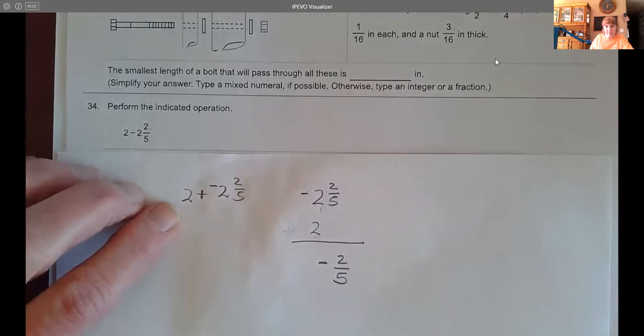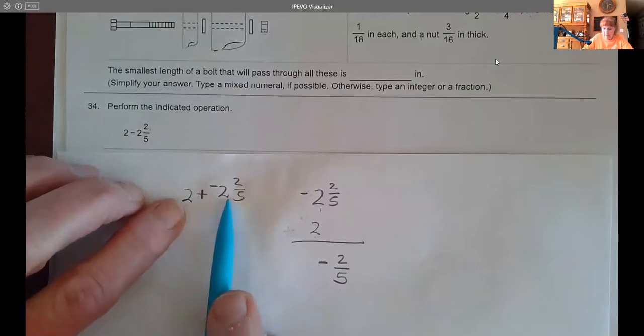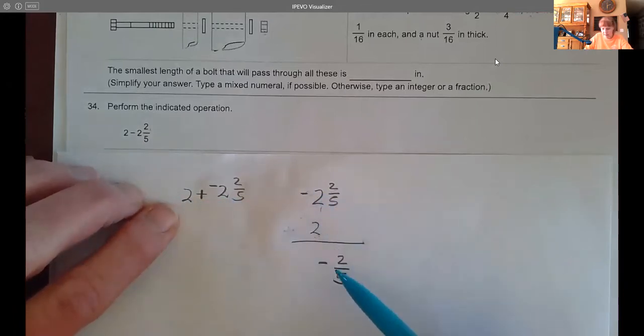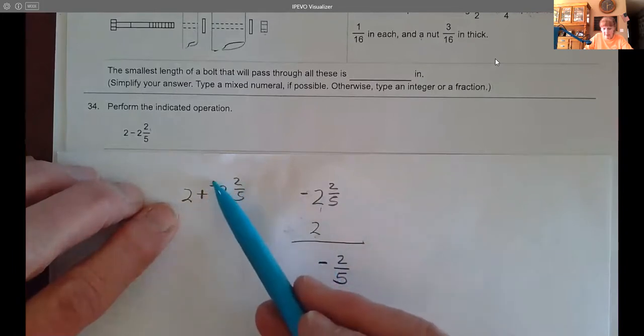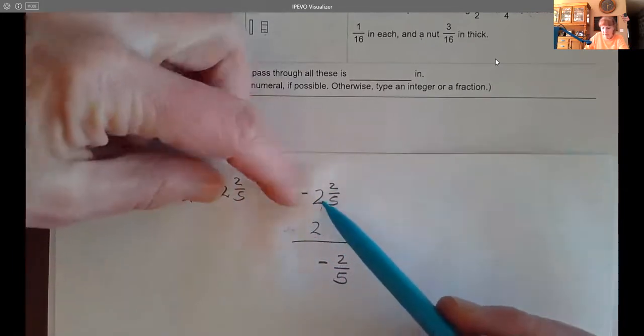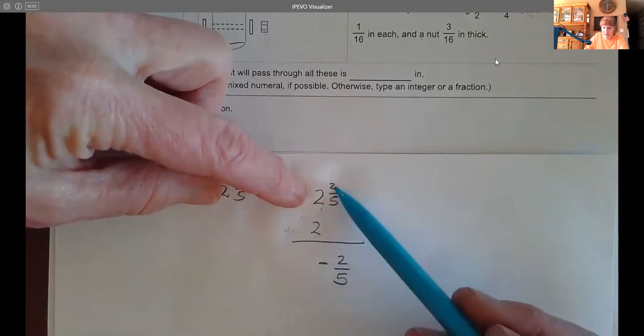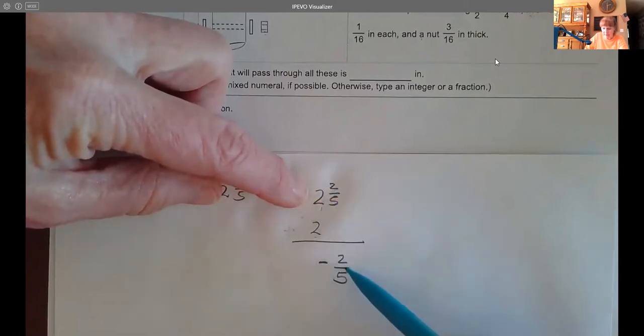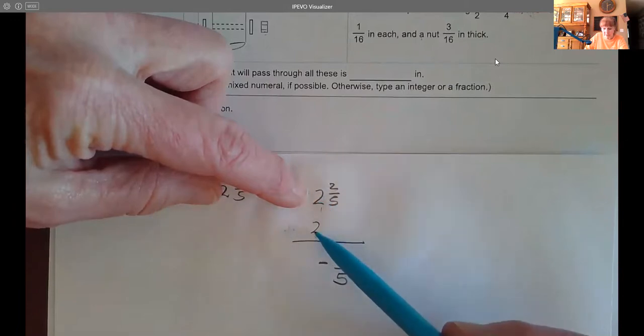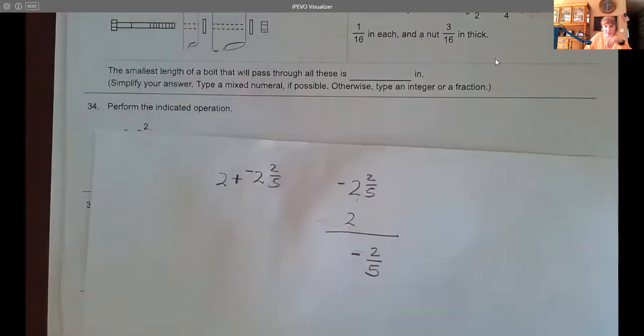So we're dealing with integers now, so we just kind of have to reason through it. Again, we're subtracting because the signs are opposite here, and I know my answer will be negative. I have more negatives. So I put the larger one on top here, and I subtract it. 2/5 minus 0 is 2/5. 2 minus 2 is 0, and I know my answer is negative.